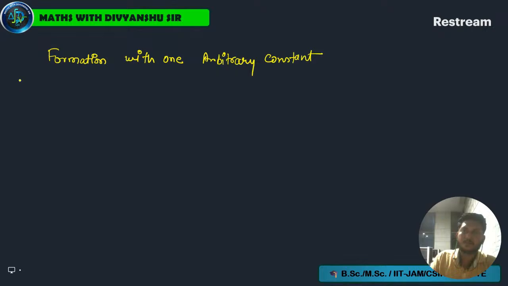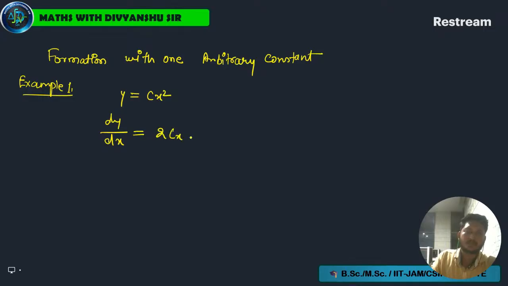So how the formation works is like this. Take one example here: take y equal to cx square. Okay, differentiate with respect to x. So dy by dx is equal to 2cx, like this. And from the original equation, c is equal to y upon x square.